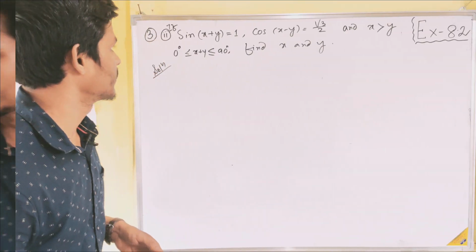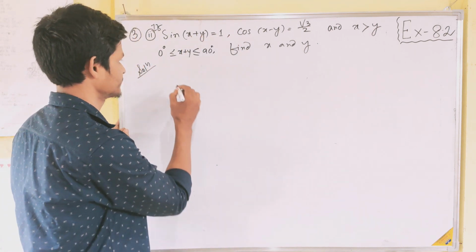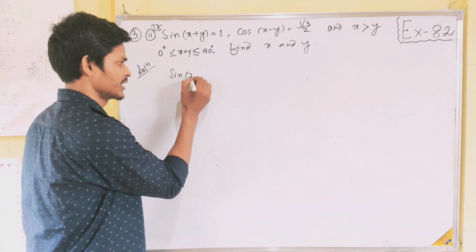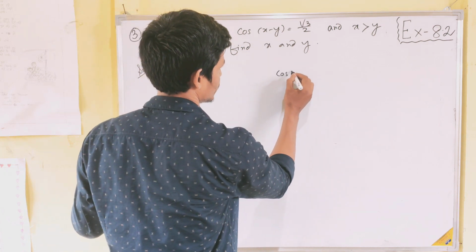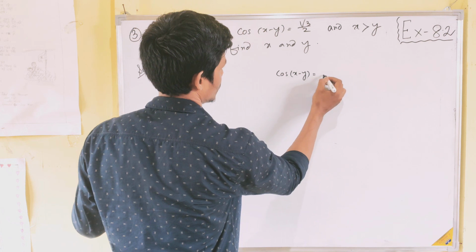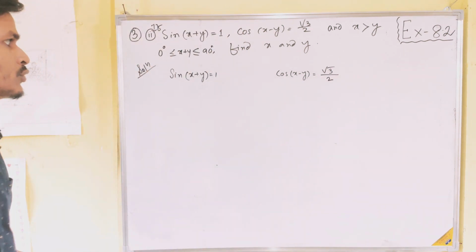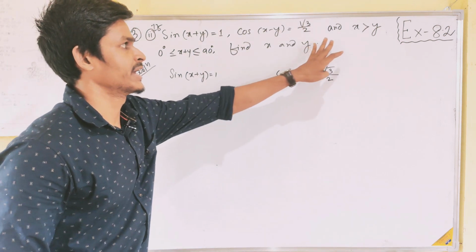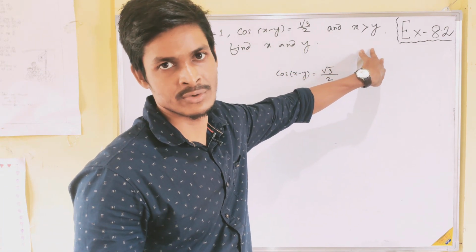Okay, so now number 3-2: if sine of x plus y equal to 1, and another is given, cos of x minus y equal to root 3 by 2. These two things are given, and what is the condition here? x greater than y, exactly like 3-1.